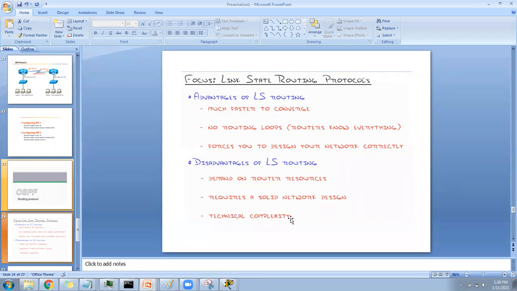It is used for larger organizations, and it requires good technical design. So it is not like today you decide, okay, let's go for OSPF. No, it has to be very planned and discussed, and only then can it be done.